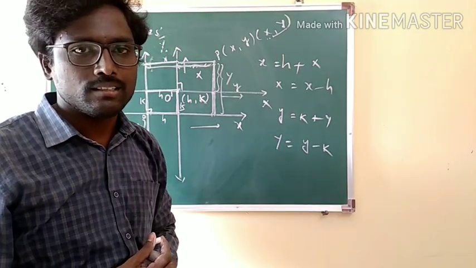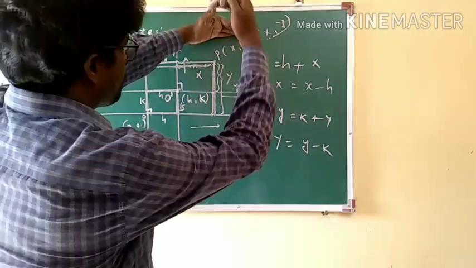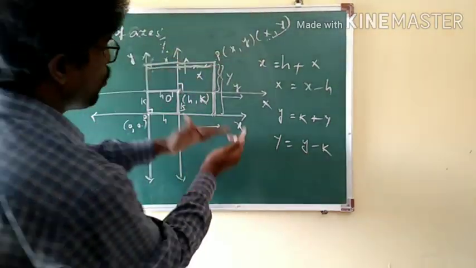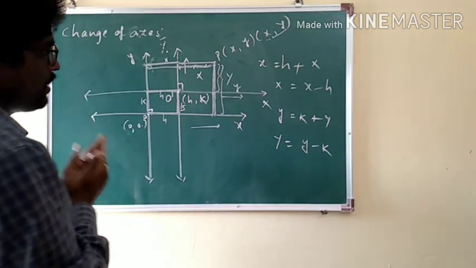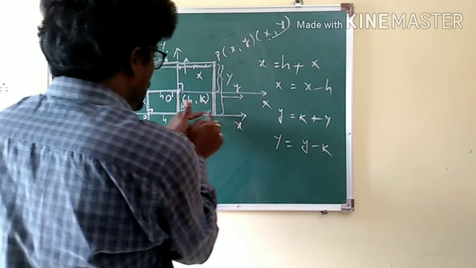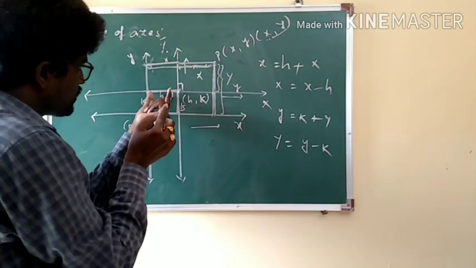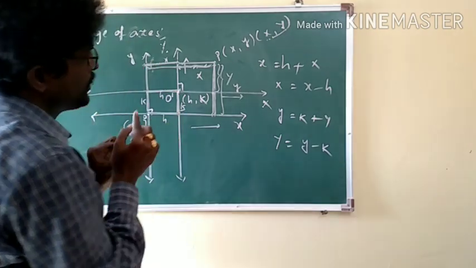Hope you understand. I repeat, here P(x, y) is a point with respect to the old x axis and y axis. (h, k) is the new origin. Therefore, this total length is x units and this total length is y units, and this is h units and this is k units.